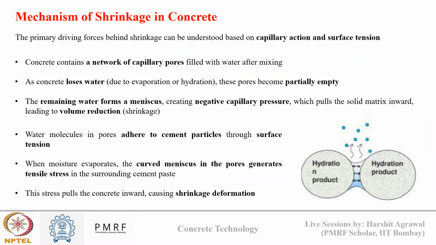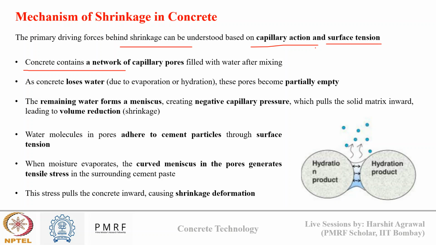Now in this slide I have tried to summarize the broad areas of how shrinkage occurs in concrete, and how it is an issue. The primary driving force behind shrinkage is the capillary action and the surface tension, which we can understand. Concrete contains a network of capillary pores.